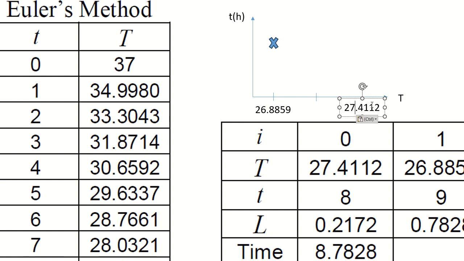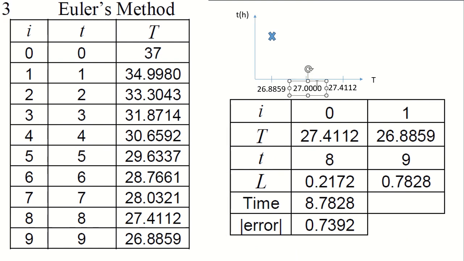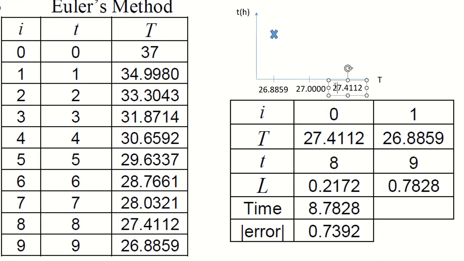So 27 is between these 2 points, correct? 27 is here, 27.0000 if you write in 4 decimal places. And when the temperature reaches 27, it should be at a time lower than 9. So here is 9, and here is 8.